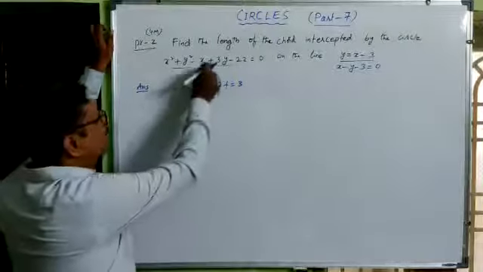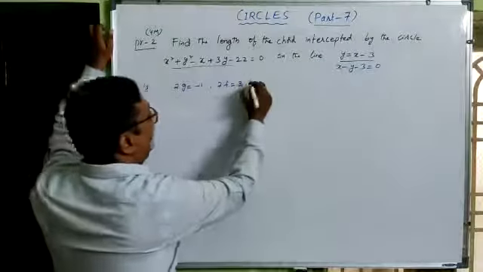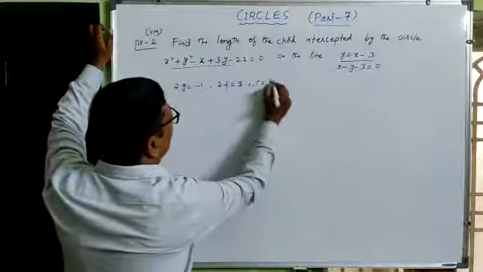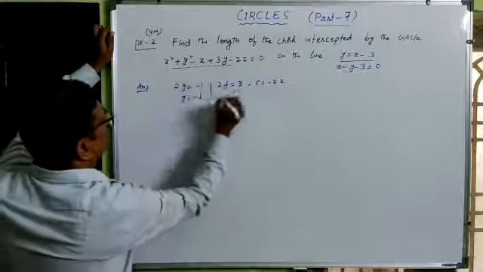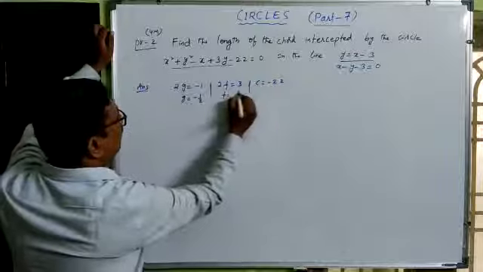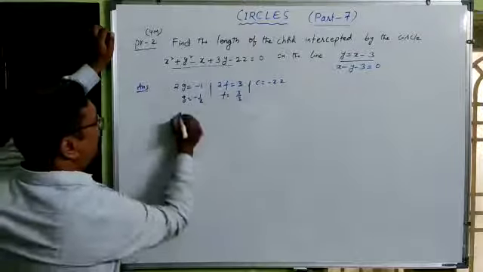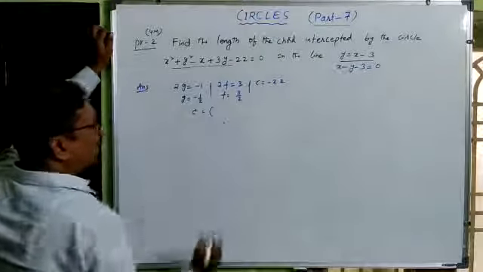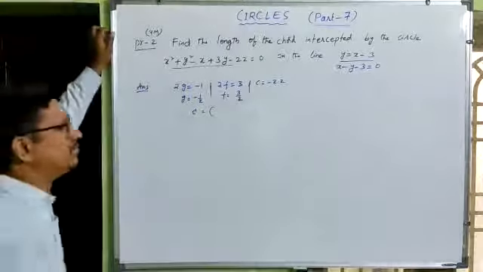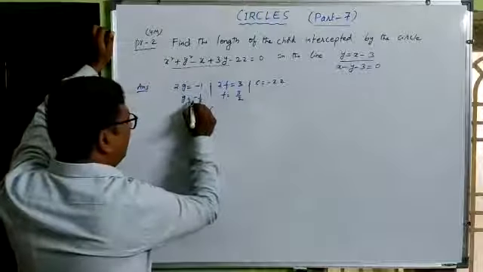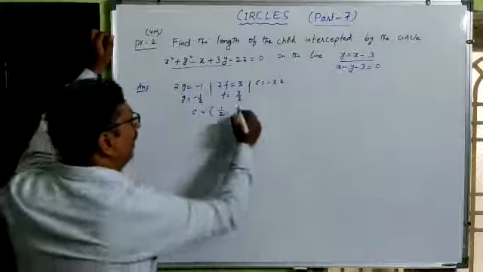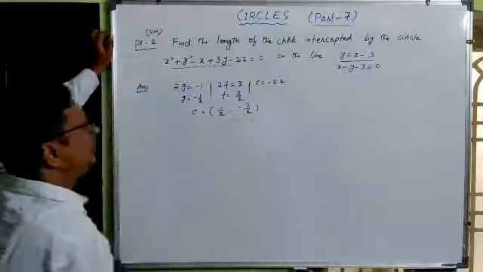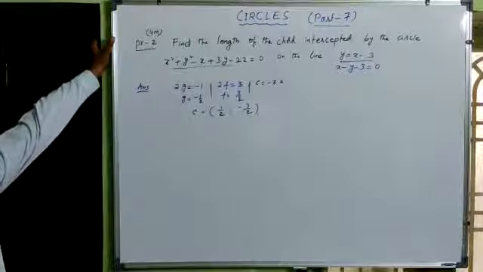With this, 2g is minus 1, 2f is 3 and c is minus 22. So g value is minus 1 by 2 and f is 3 by 2. Therefore, the center is minus g, minus f, so center is 1 by 2 comma minus 3 by 2.